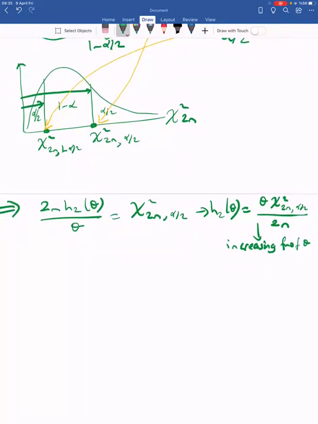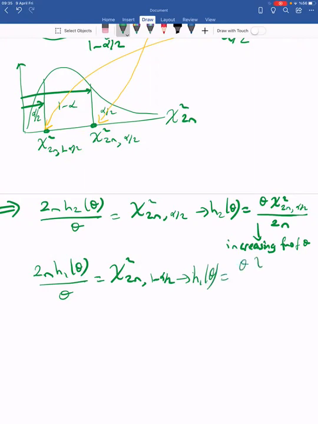Similarly, 2n h1 theta over theta will be chi-square 2n 1 minus alpha over 2. So from here we get h1 theta as theta times chi-square 2n 1 minus alpha over 2 over 2n. This is also an increasing function of theta. See, both of them are increasing. It should be like that.